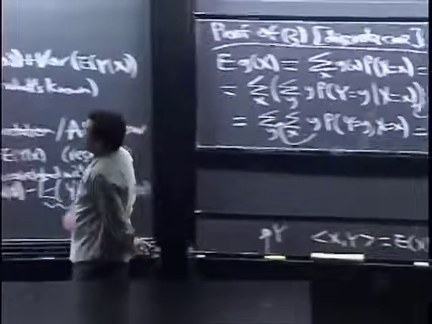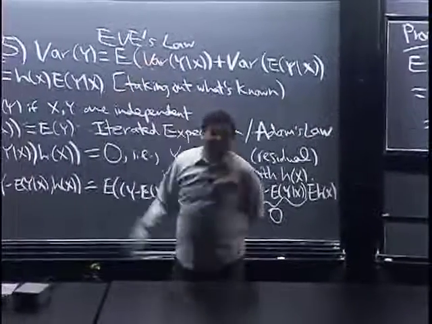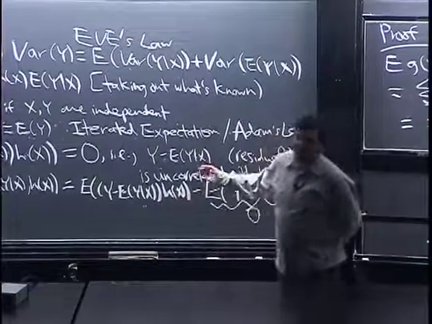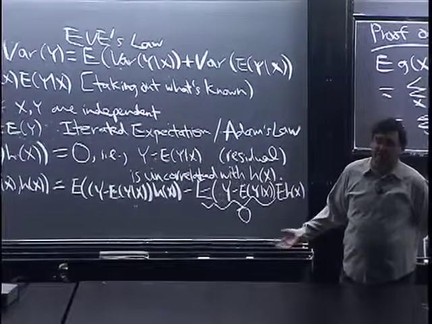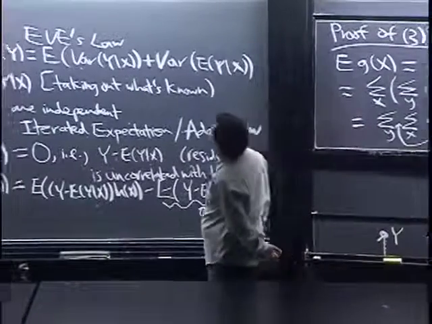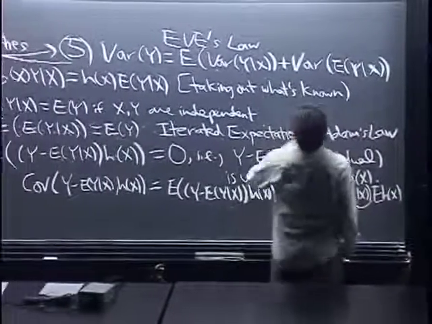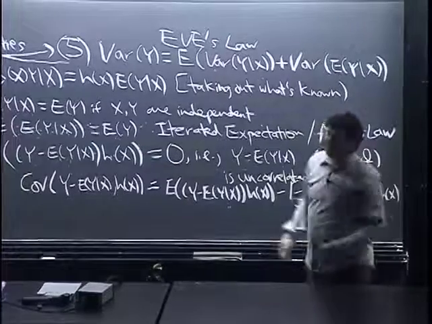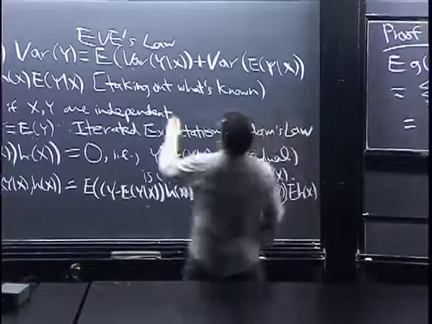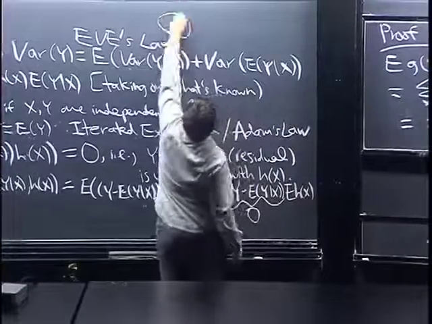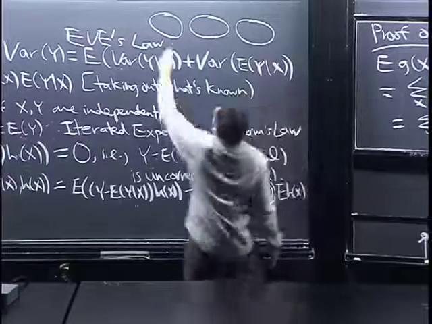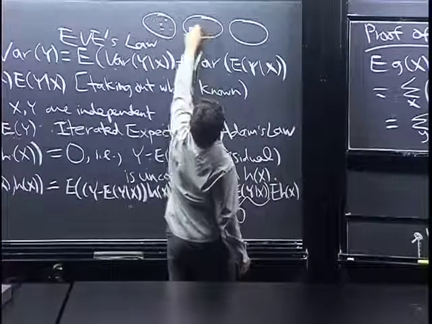So let me explain the intuition of this a little bit, and then we'll do an example of how you use Adam's law and Eve's law together to get the mean and variance. So here's an intuitive picture. Imagine we have different groups of people. Just to have a simple picture in mind, let's say we have three groups, and there are lots of people inside each group.